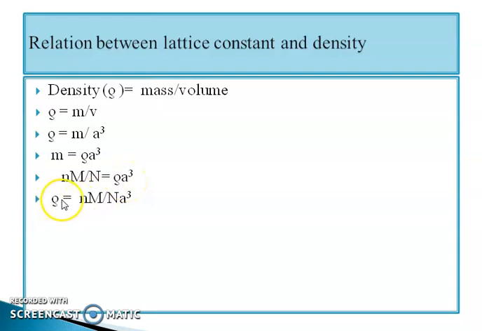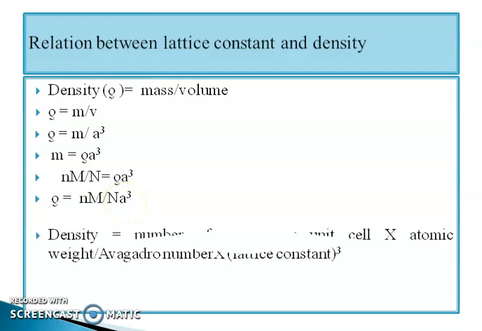Therefore, rho is equal to small n capital M by N a cube. That is, density is equal to the number of atoms per unit cell multiplied by atomic weight, upon Avogadro number into lattice constant cube. This is the relation between density and lattice constant.